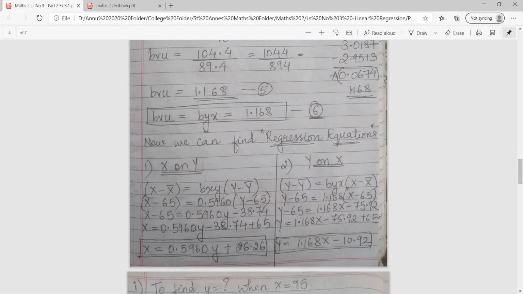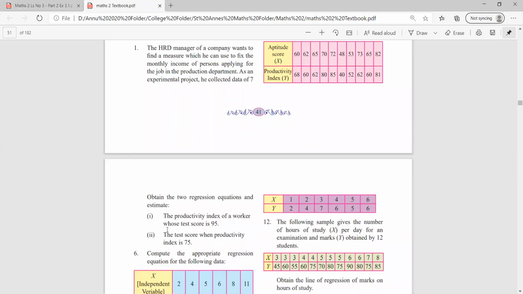Now class, the sum is not over. Remember, they have given us two conditions. That means you have to estimate y when x is given, and you have to estimate x when y is given. Okay, both the conditions you have to find out. As you can see, productivity index is represented by y.